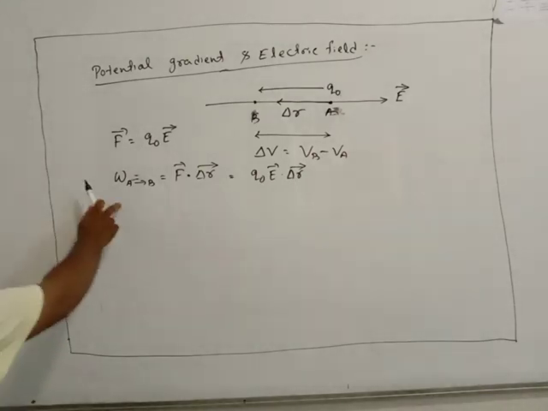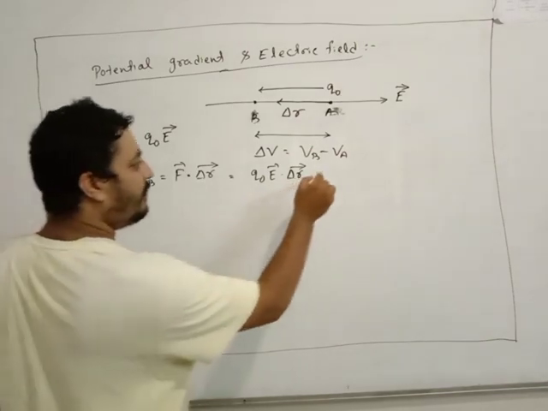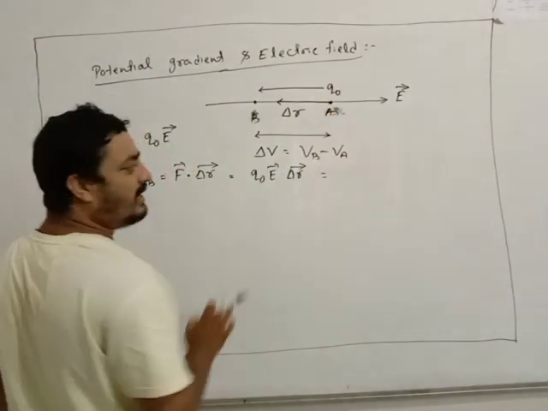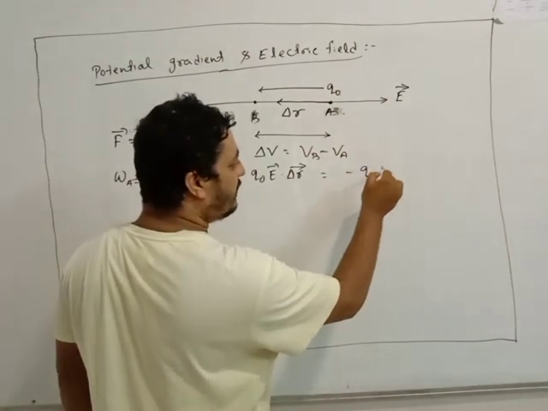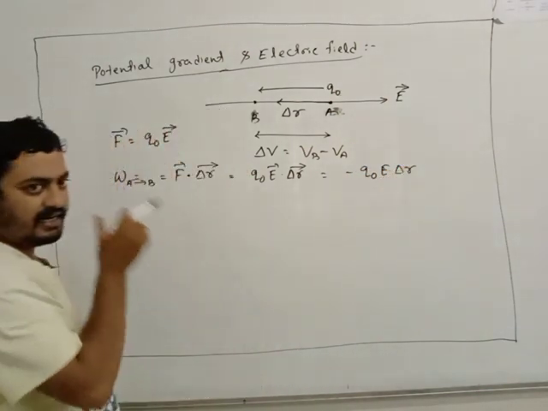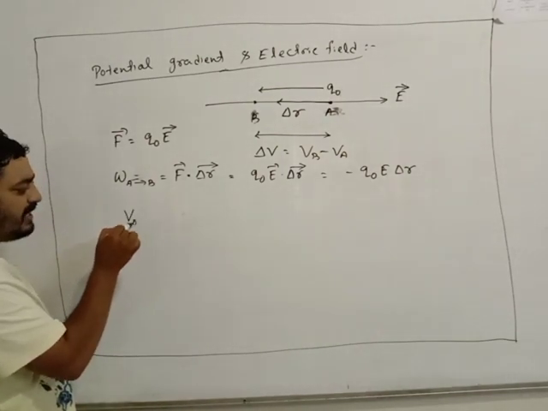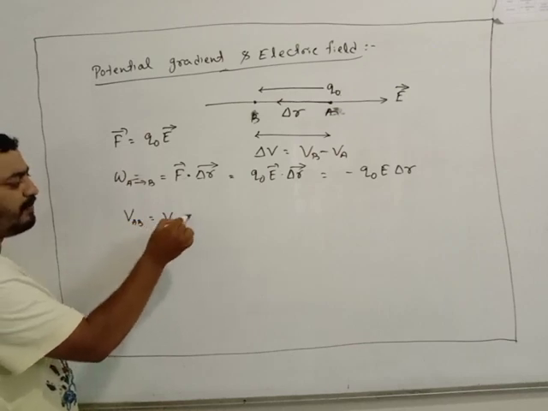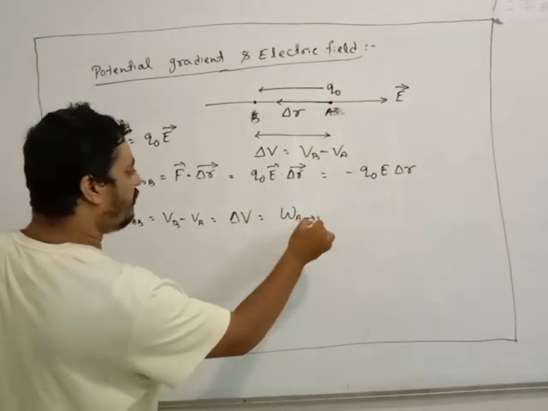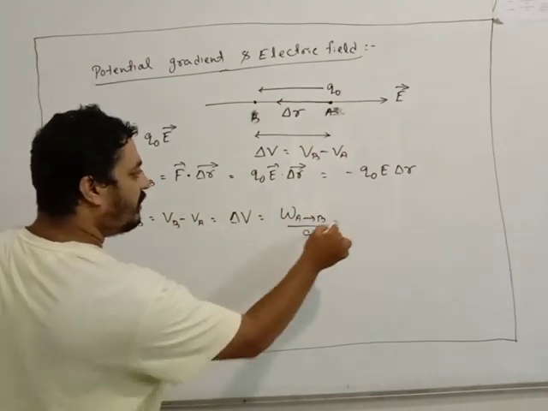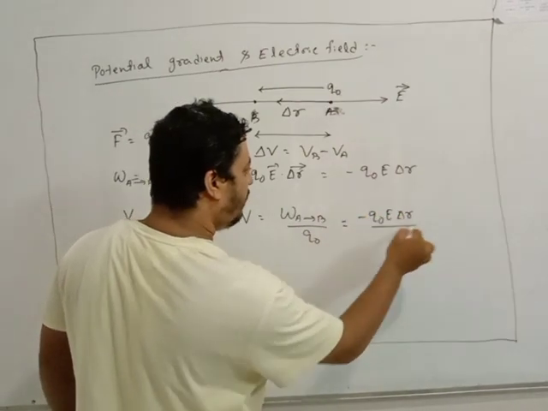So W from A to B equal to F dot delta R equal to Q naught E dot delta R. So E and delta R are in opposite directions. So it will be minus Q naught E delta R. But we know that VAB equal to VB minus VA, which is equal to delta V, is W from A to B by Q naught equal to minus Q naught E delta R by Q naught.